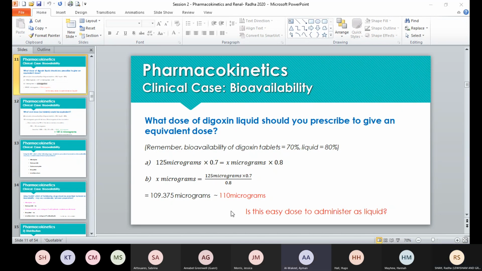Yeah, sure. Can you hear me? Yeah, I can hear you. Yeah, so BNF says 20 to 30% on converting from IV to oral. So the tablets come in two forms, 125 micrograms and 62 point something.